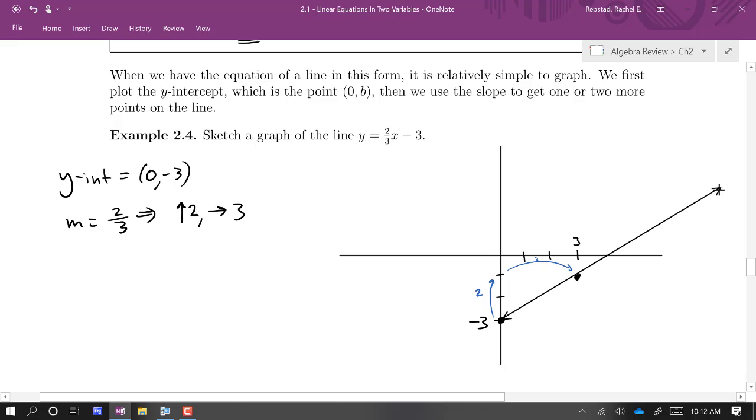And then connect these points. So here's a graph of the line y equals 2/3 x minus 3.